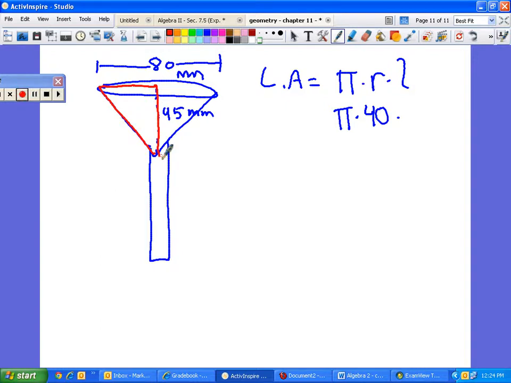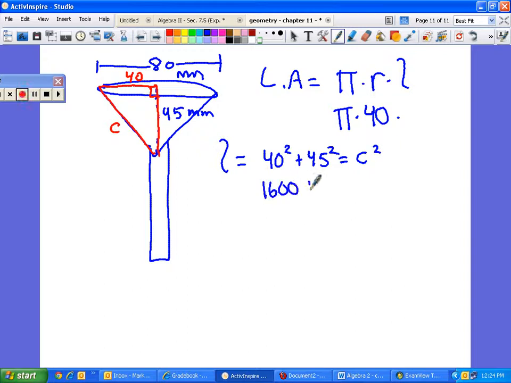There's my right triangle. This side is 40, this side is 45, and here's C. So you find the L, so the slant height is equal to 40 squared plus 45 squared equals C squared.